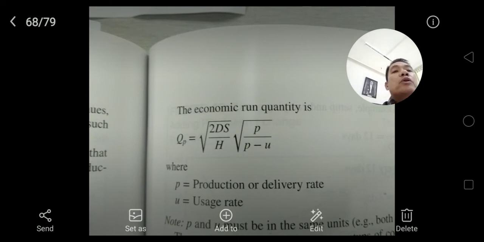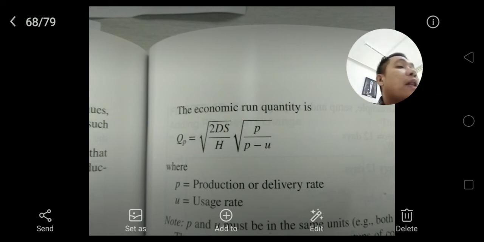Now, the economic order quantity follows this formula. It is still the square root of 2DS over H multiplied by the square root of P over P minus U. Now, you are now introduced to new variables, namely P, or production or delivery rate, and U, which is usage rate. Madali lang naman ito.